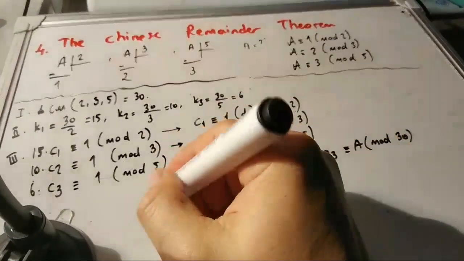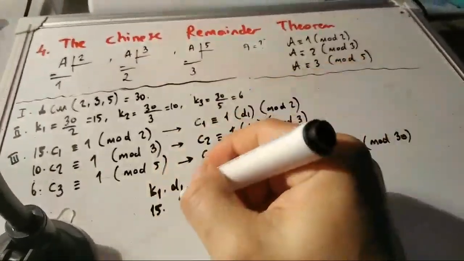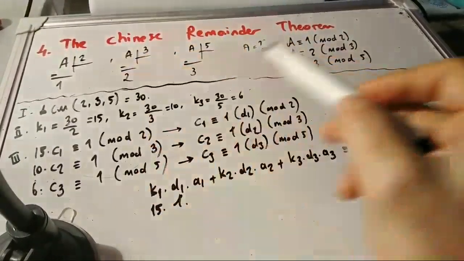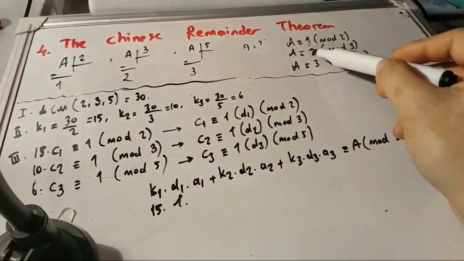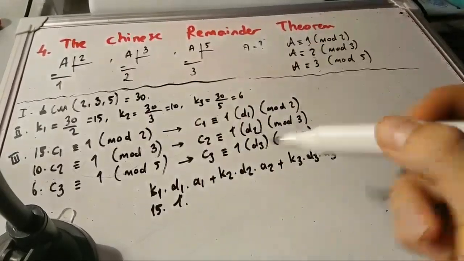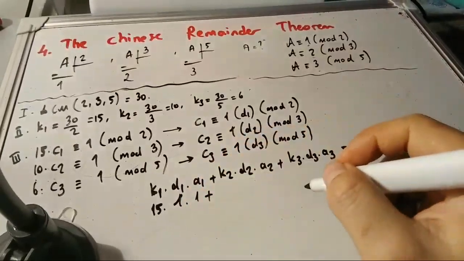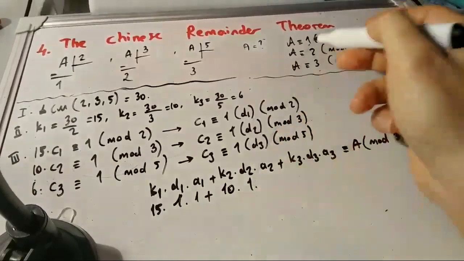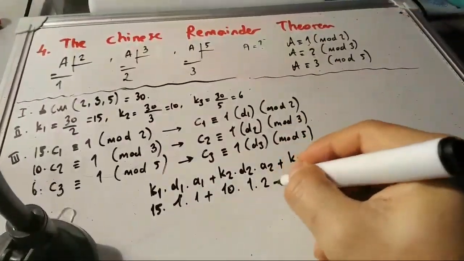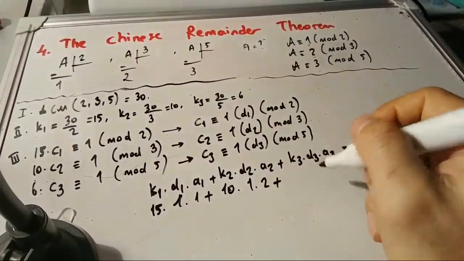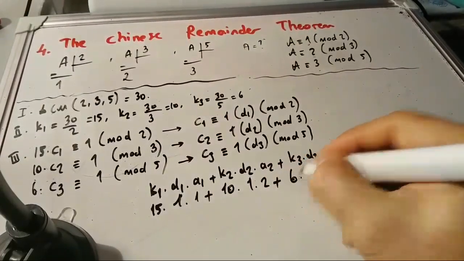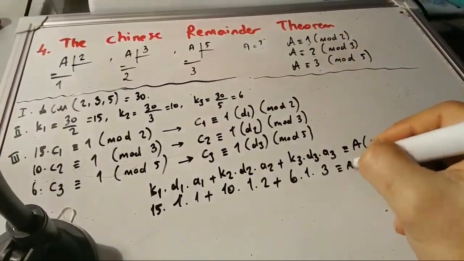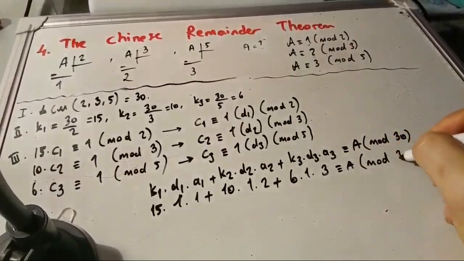K1 is 15, D1 is 1, A1 is 1, plus K2 is 10, D2 is 1 and A2 is 2, plus K3 is 6, D3 is 1 and A3 is 3, is congruent to A in mod 30.